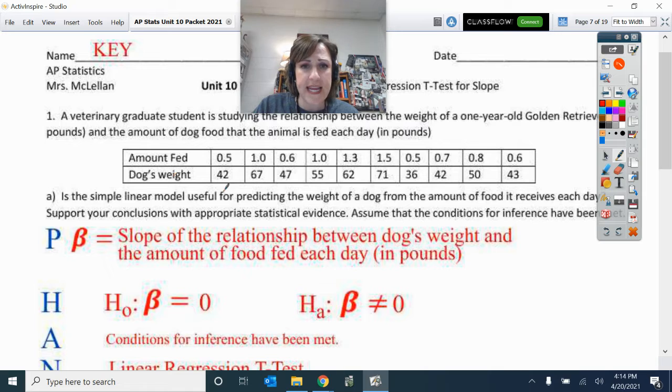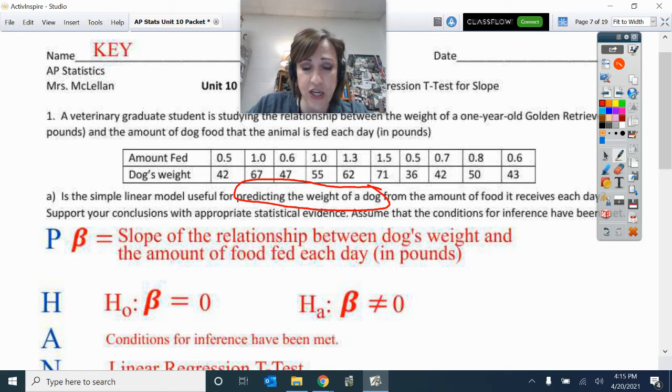So for a while, there's question as to which one of these variables is X and which one of these variables is Y. And here it says that we are going to be predicting the dog's weight.